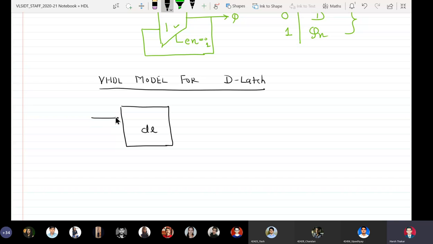Entity name, input D, enable, Q. Based on this, I can write the entity declaration. Based on the truth table, I can add the architecture body.